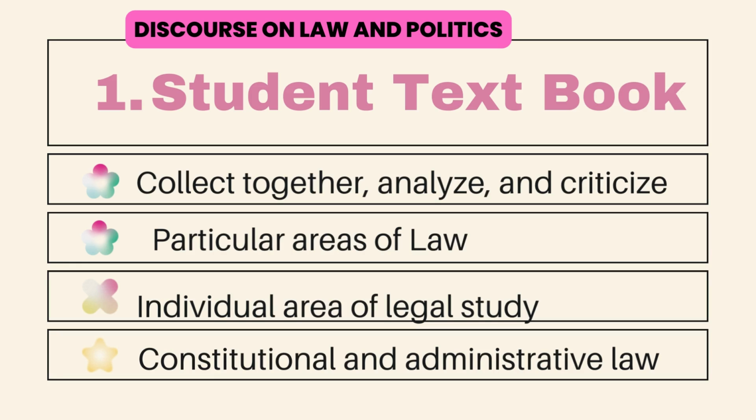Basically, the student textbook, which is very popular among students, is about an individual area of legal study. For example, constitutional law, administrative law, contract, tort, so various areas of the law are there. And on each area, they have a student textbook.